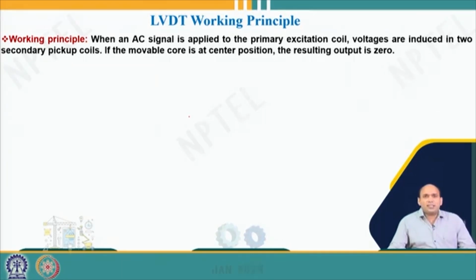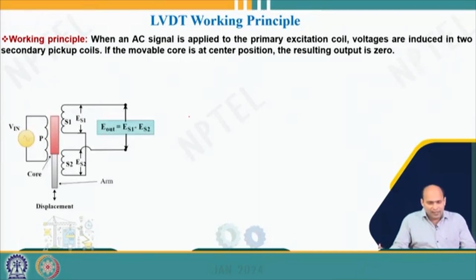Because in that case the core is at the central position, that means equispaced from both the secondary coils, so in both the secondary coils equal voltage will be induced, and since they are connected in series opposition, if I take the difference of those two secondary coil output voltages, then obviously I will get 0. Then if my core position changes, I will get some non-zero output voltage depending on the position of the core, right? So let us understand this working principle with the help of this schematic diagram more properly.